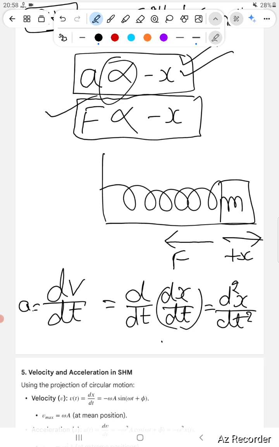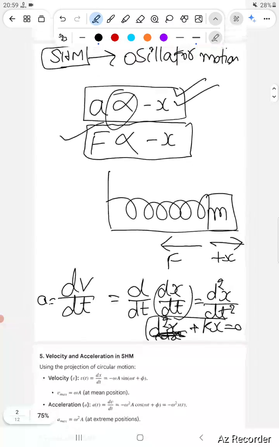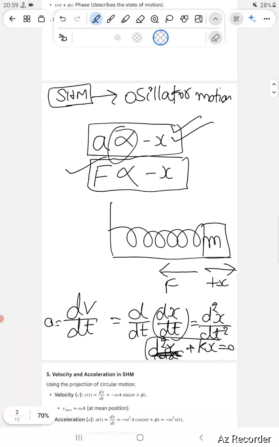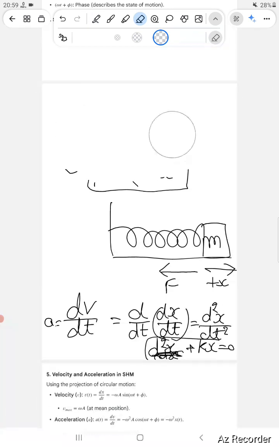You solve this equation, and you will get simply a sinusoidal equation.